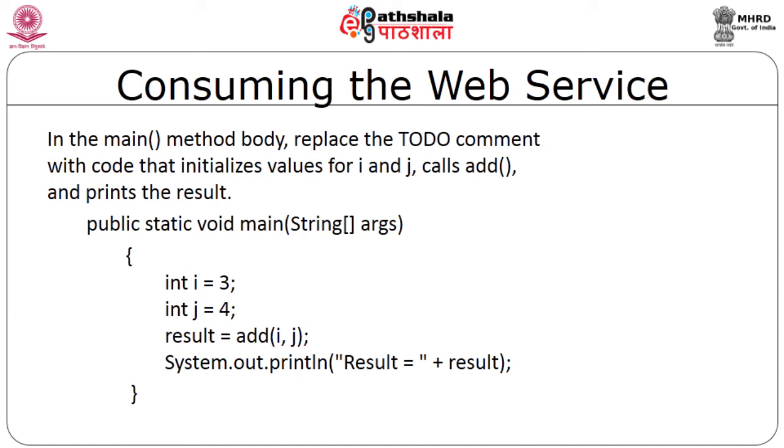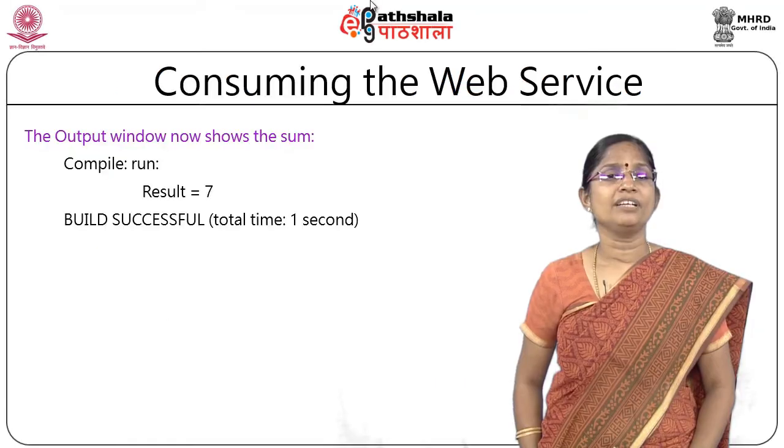Again the service is configured with a particular port number. This port number goes and calls the add of i comma j, which was created in the earlier web service we built on the server side. So this dot add of i comma j refers here. So after adding, it can give you the result.